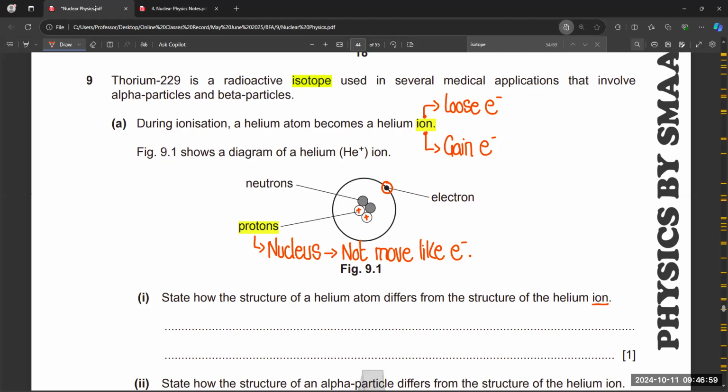Now the second thing is, if an element is going to lose an electron, it means you are losing negative charge. So definitely we are getting a deficiency of electrons. Clear? Any confusion?